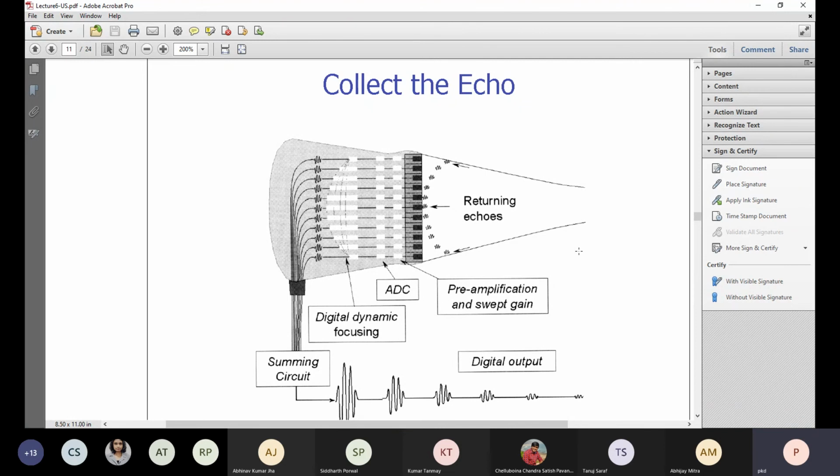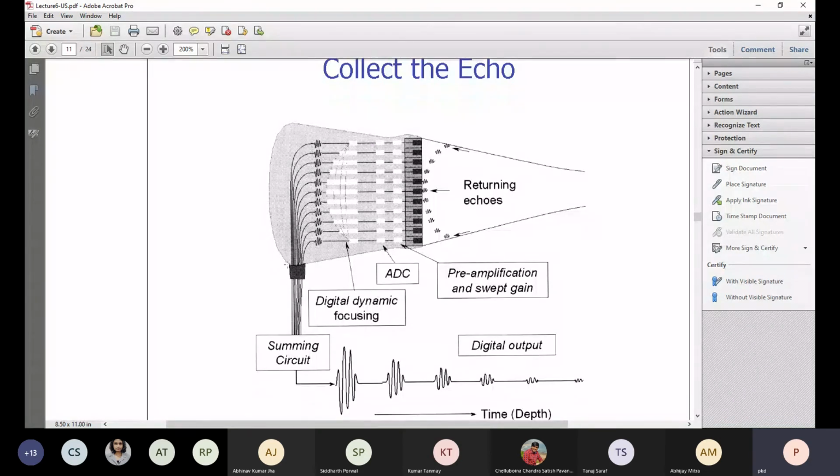Just the pattern that it has followed for radiation. Therefore, the returning echoes will correspond to a delay corresponding to the path it has gone. Now, if we assume more or less a point pattern and a circular wave, the wave front of the delayed returning echoes will be more or less circular. Corresponding to that, we can have a delay given in the circuit.